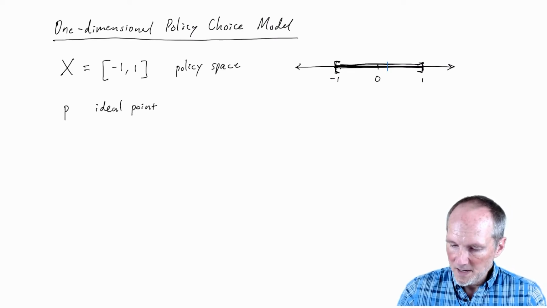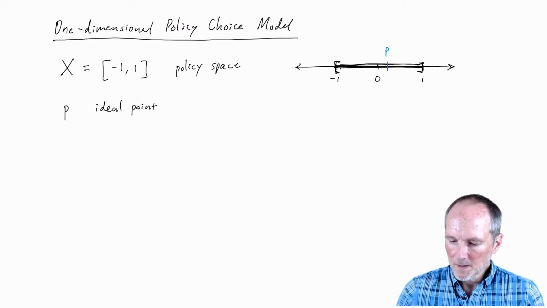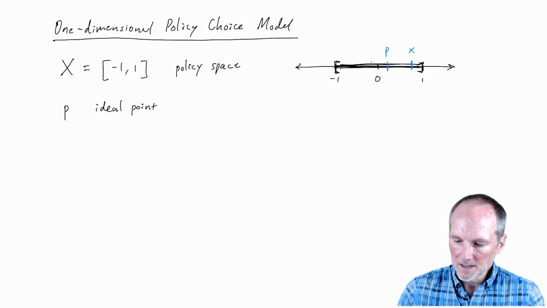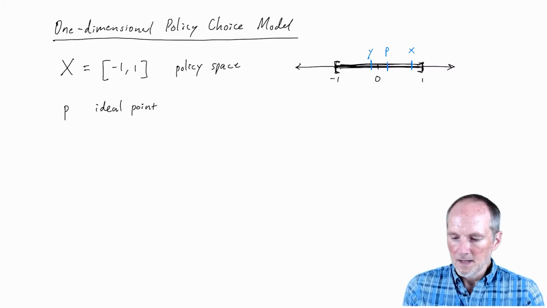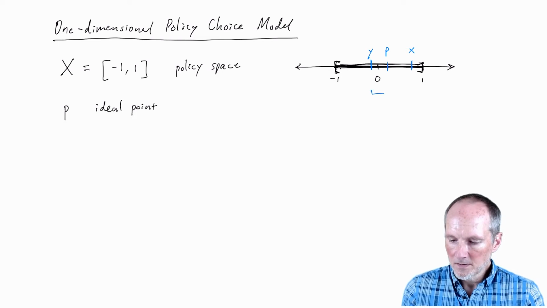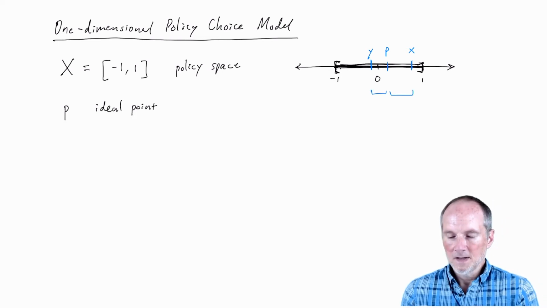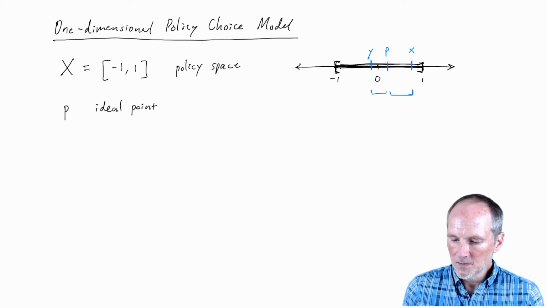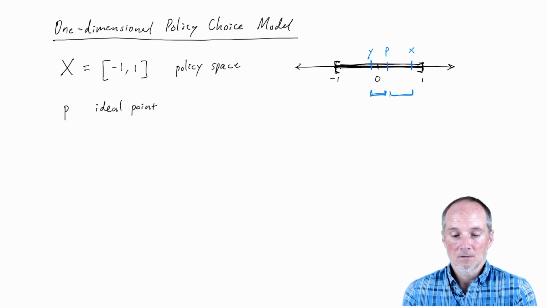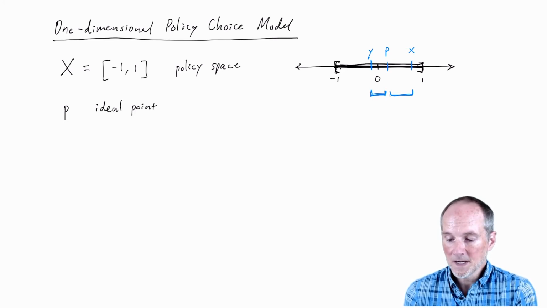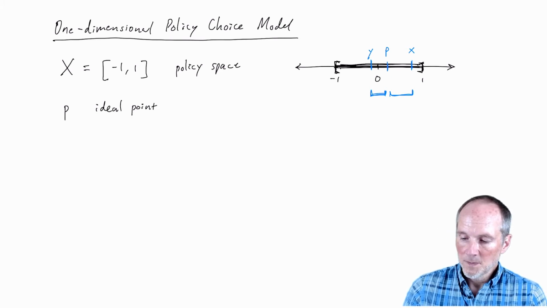Suppose I put P right here, and then I choose a policy X like this, and then a policy Y like this. If I compare the distance to the ideal point, you can see that X is further away from P than Y is. I'm going to assume this guy just likes things closer to his ideal point. So in this case, he's going to prefer Y to X.